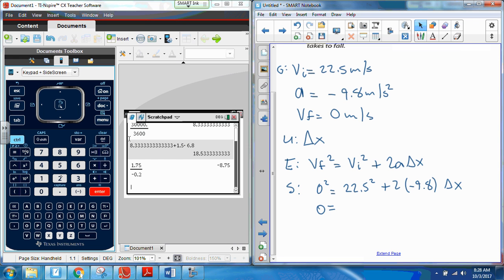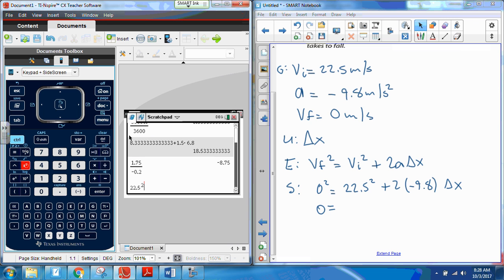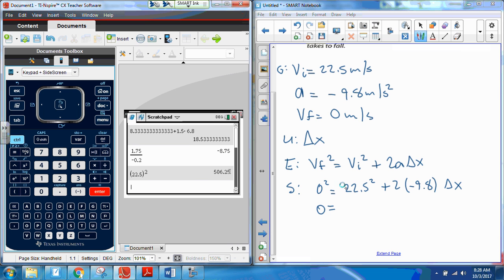I have to go over to my calculator for that. 506.25. And then 2 times negative 9.8 is going to be a minus. 2 times 9 is 18. 2 times 0.8 is 1.6, so it's negative 19.6.